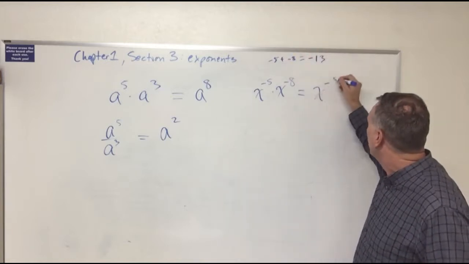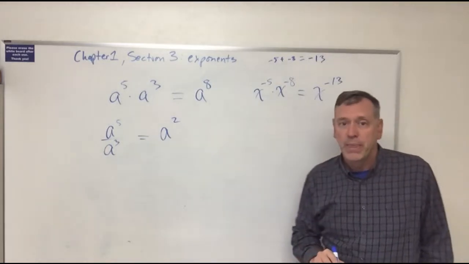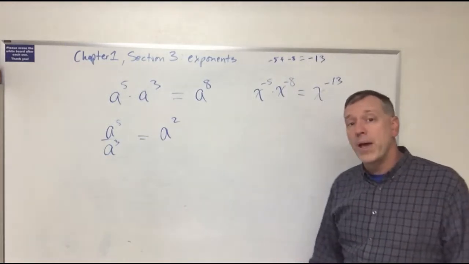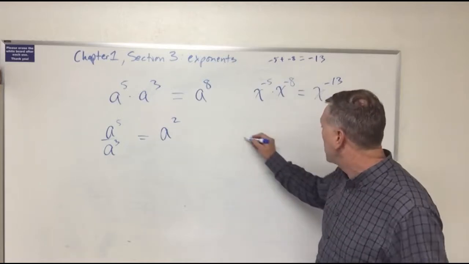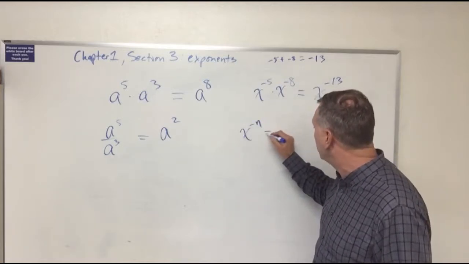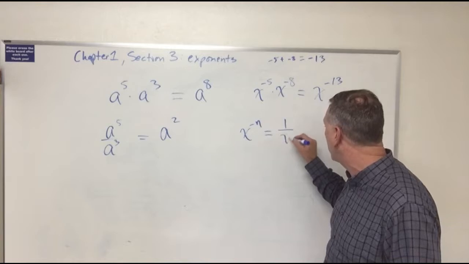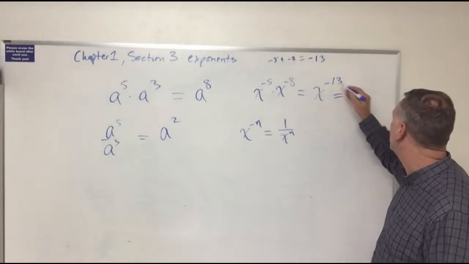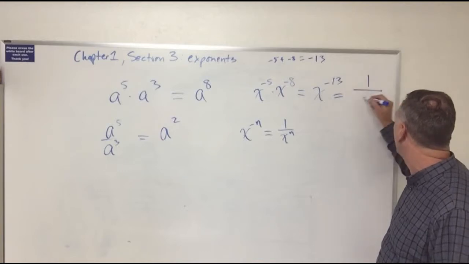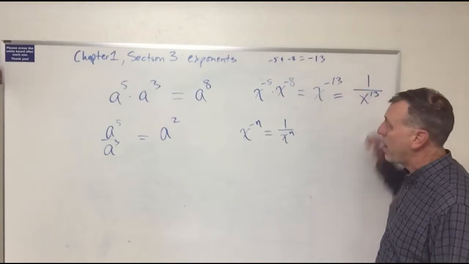That's x to the minus 13th power. And this leads us to another basic principle of exponents, that x to the minus n is equal to 1 over x to the n. So in this case, x to the minus 13th power is the same thing as 1 over x to the 13th power.